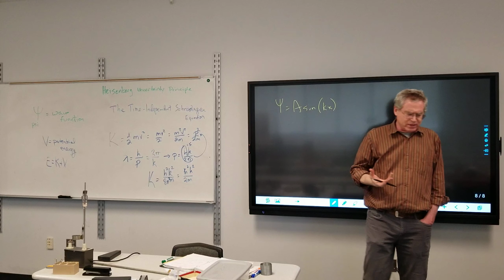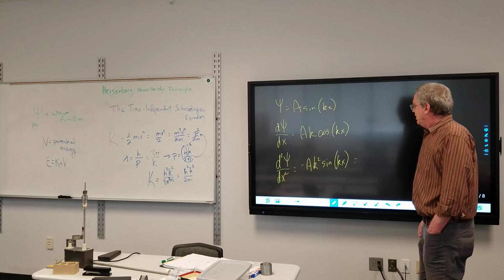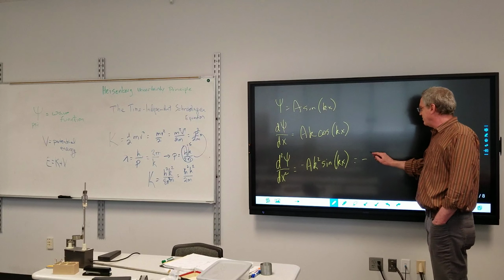The derivative of psi with respect to x, and then the next derivative, gives minus negative A k squared sine kx, which is just negative k squared times psi.